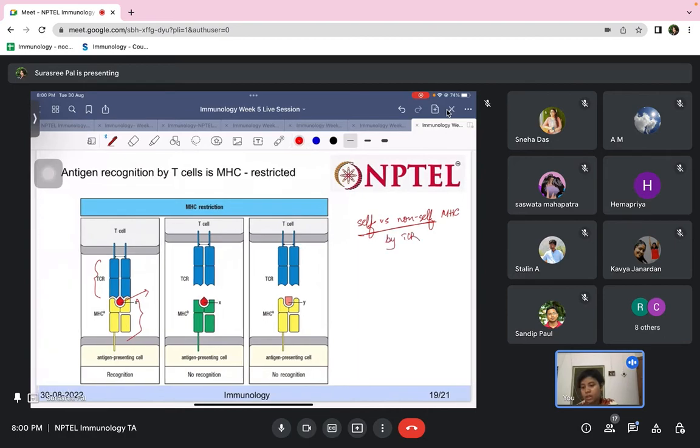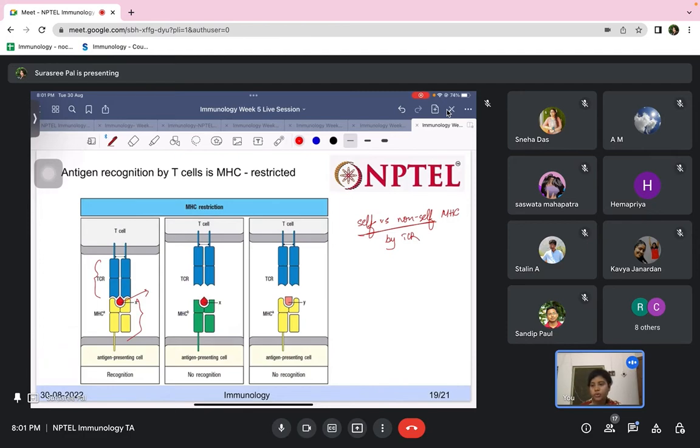So what does it mean? TCR can recognize the MHC alleles or the MHC products which are expressed by one individual, whereas if there is a non-self MHC, so suppose I am an individual, there is another individual X. If the individual X's MHC molecules are transplanted in my body, then my TCR or the T cells will recognize that MHC molecule as a non-self antigen.